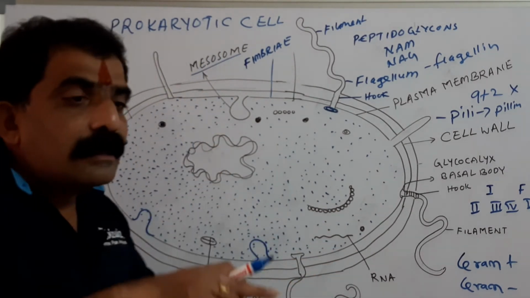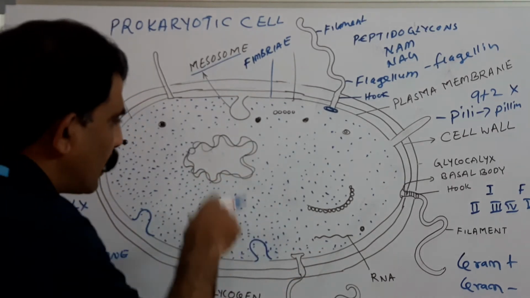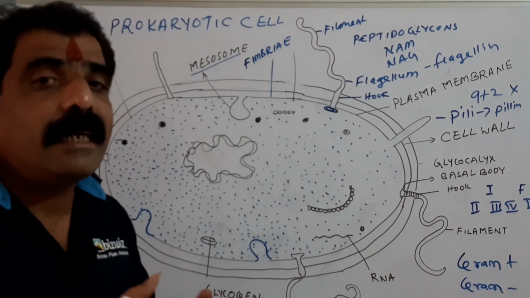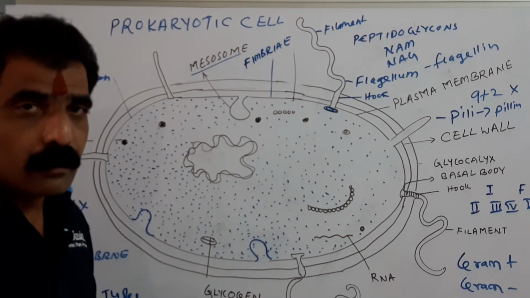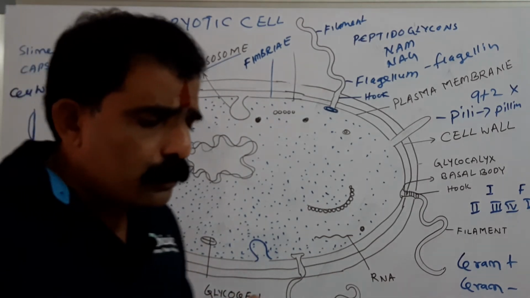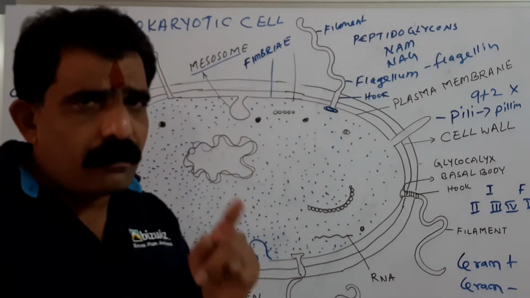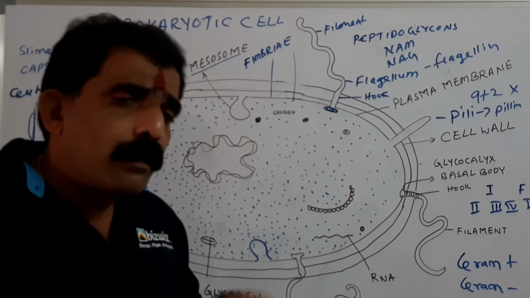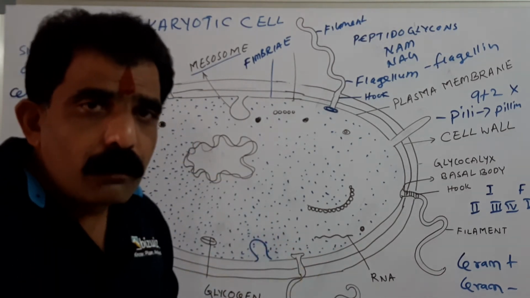So this is called circular double-stranded, sticky, non-polar chromosome. Actually, chromosome organization is not present, but whatever genetic material is present is considered as the chromosome. So how many chromosomes are present in the prokaryotic cell? A single chromosome. And this chromosome is not linear.